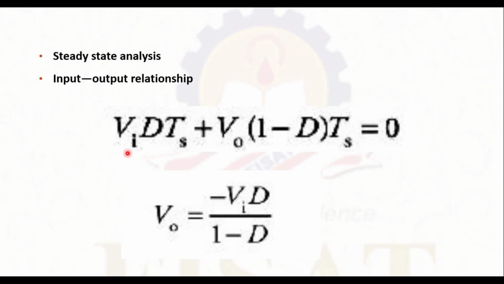Therefore, the voltage during D into Ts is Vi plus the voltage during 1 minus D into Ts is Vo. We have to expand this expression and then solve for Vo. Finally, we will have Vo is equal to minus Vi into D divided by 1 minus D. The derivation is not important, but you can try it by yourself.